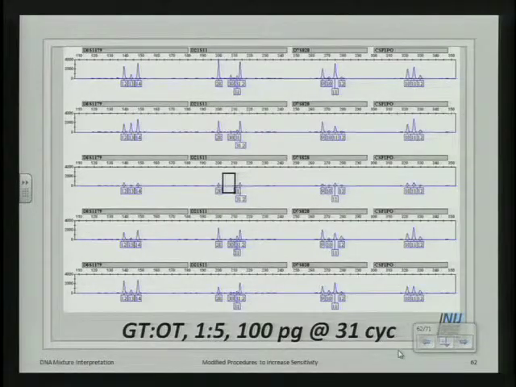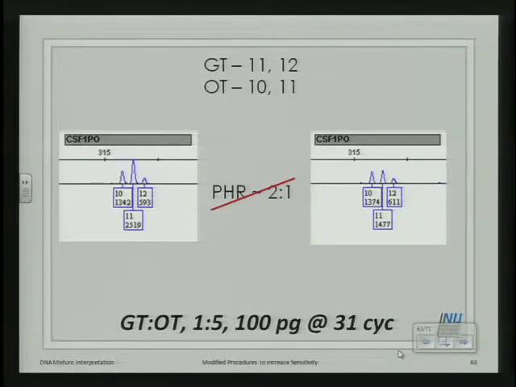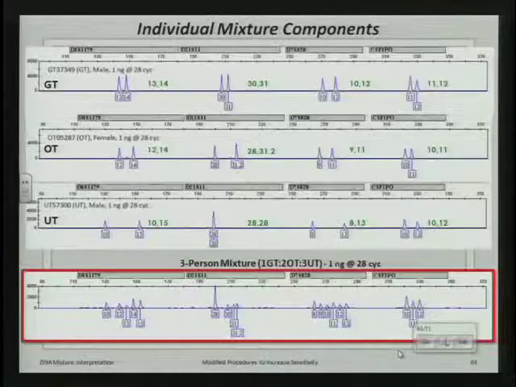Notice here, this allele here, the 30 allele, has dropped out. So it's not present at all. So this is just making the point again. Your peak height ratio is no longer the same, and neither is your mix ratio. It no longer follows a 1:5 in that case.